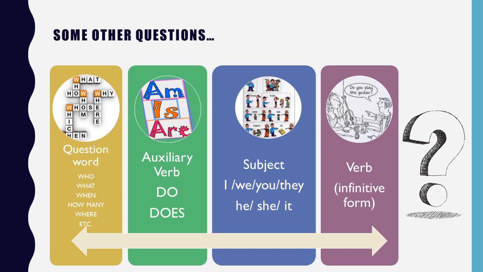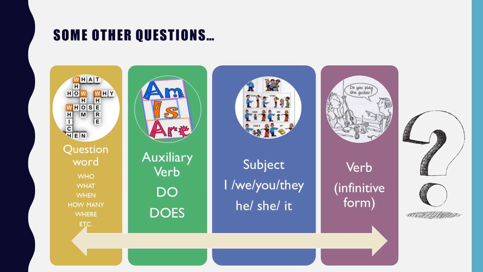For example, if I use the auxiliary verb do, it is because the subject of the question is I, we, you, or they. If I use the auxiliary verb does, it is because the subject of the sentence is he, she, or it.